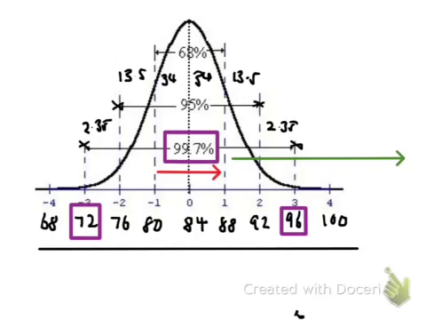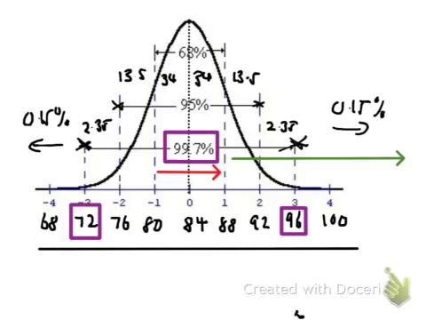What's left over? Well, 99.7% between here and here means that outside that we've got 0.3%. So on this side we've got 0.15%, half of that, and over here we've got 0.15%.